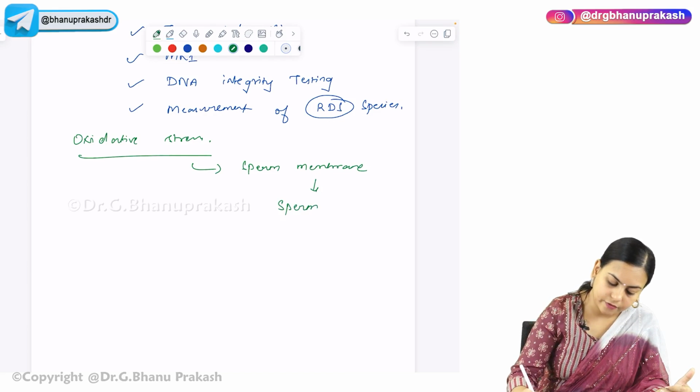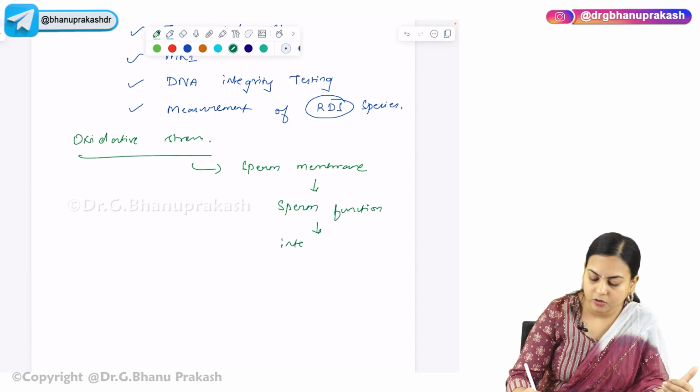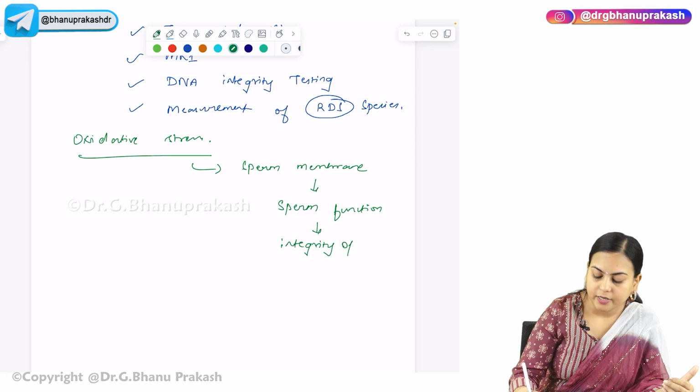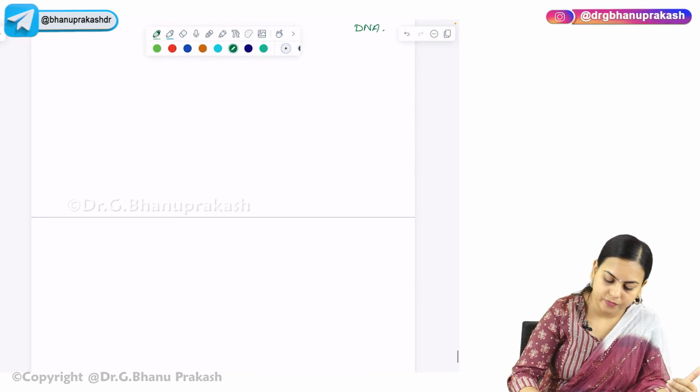Especially sperm function and integrity of the DNA will be affected. Clear?